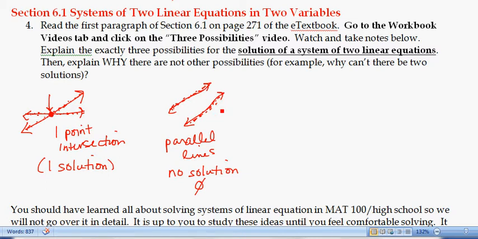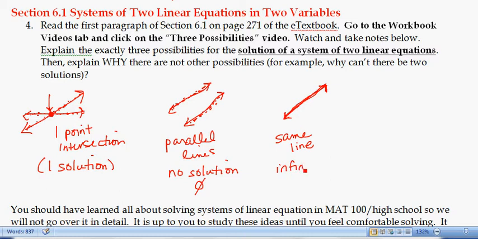There's no solution. And then the other possibility is that when I draw both lines, in fact, the graphs of them are simultaneously both exactly the same graph. So these are when the equation really gives the same line.